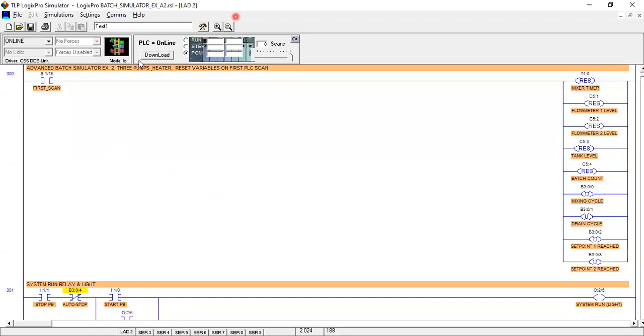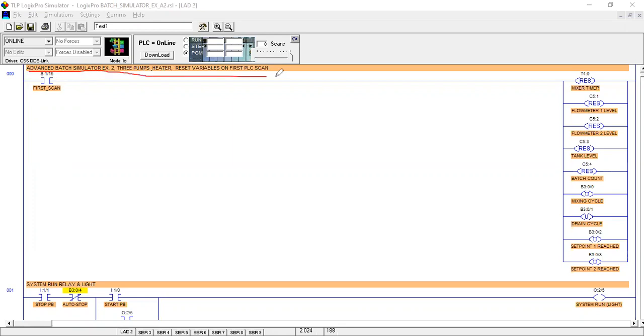In the first rung, on the input side, on the left side, we have added the first scan instruction. This is the normally open instruction, and it has a different name, the XIC instruction, examine if closed.